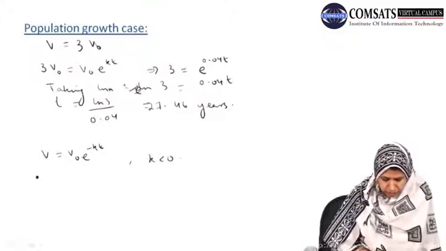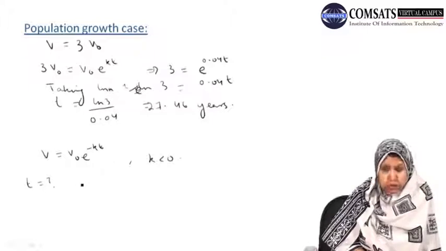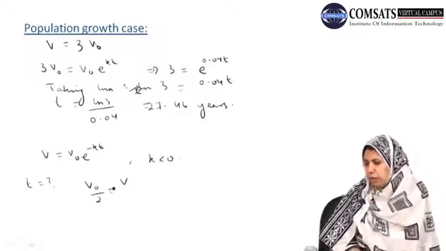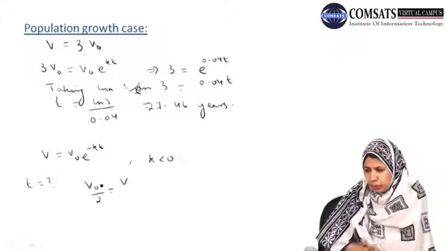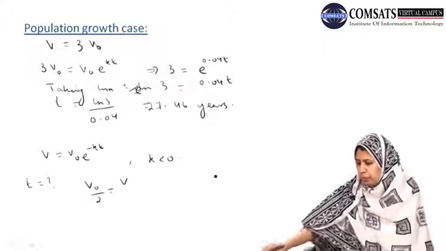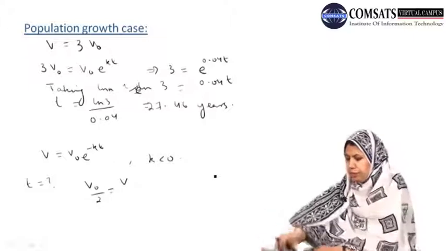And if we are asked to find the time t when the population or the amount is reduced to half, that is when V equals half of the initial value, then we can simply put these values in our equation with our decay rate k, and we can find the time t in which the initial value is reduced to half.